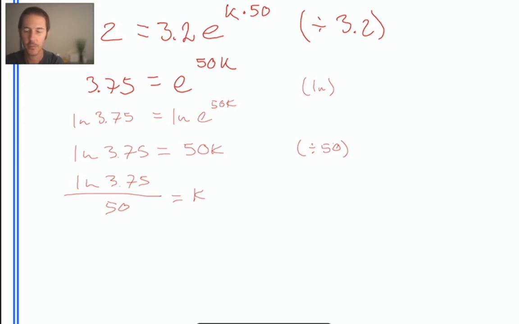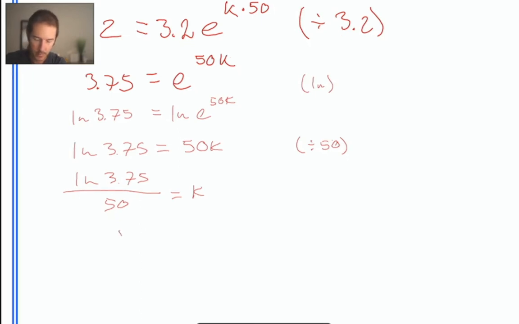Leave that number on my screen, hit the divided by button, type in 50, and hit equals. And I get 0.026435117. I think I'll stop at 35. All right, so that's my k value.